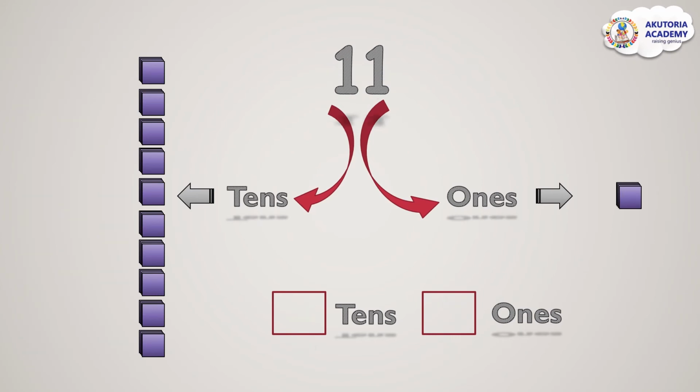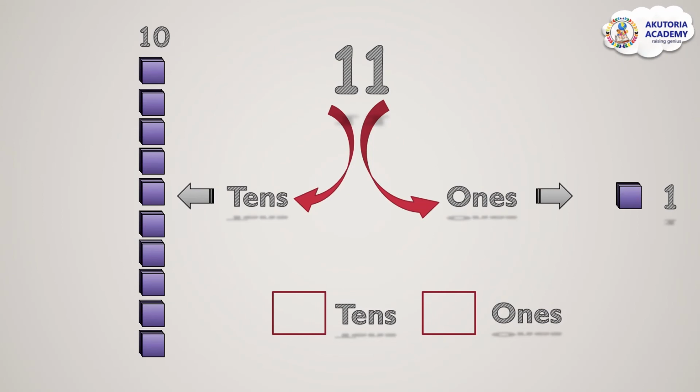Now we have another example here, number 11. Number 11 appears to have 1 in the tens position. That means we'll have to skip count in 10 once, which is 10. And in the ones position, it has 1 also. So we have to skip count in 1 just once.